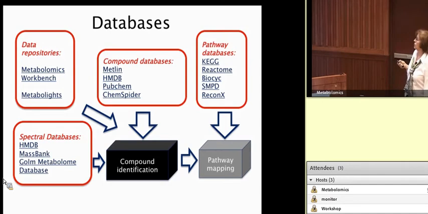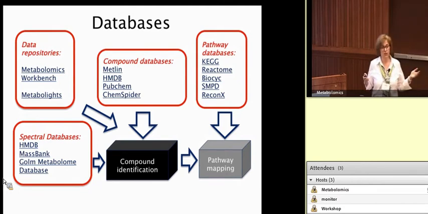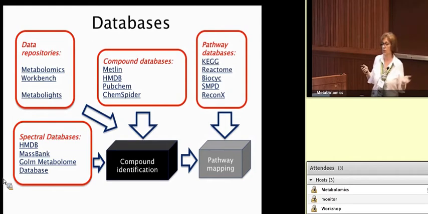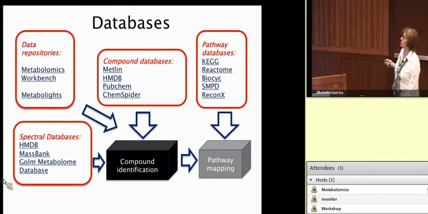There's no really good way, but a lot of these databases are fairly comprehensive. They cover compounds, reactions, pathways, enzymes, genes, and so on and so forth. There are databases that are more chemistry oriented, that have compounds and spectra. So this is roughly grouping them.